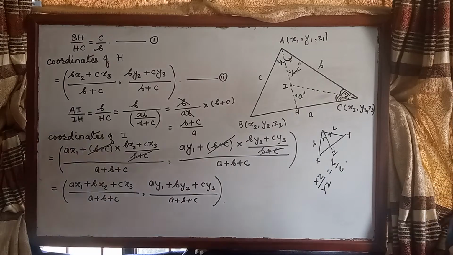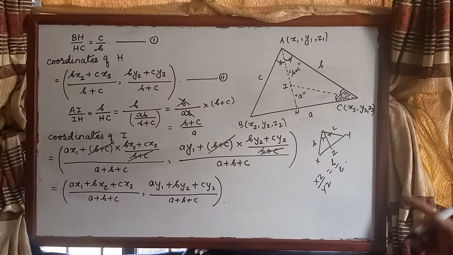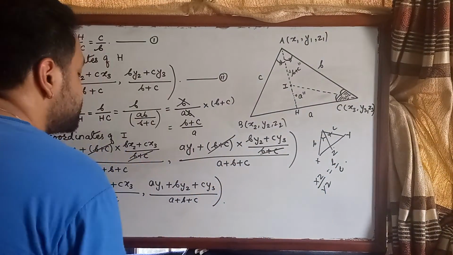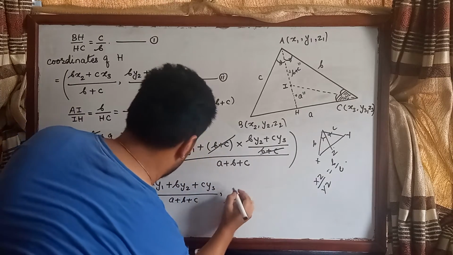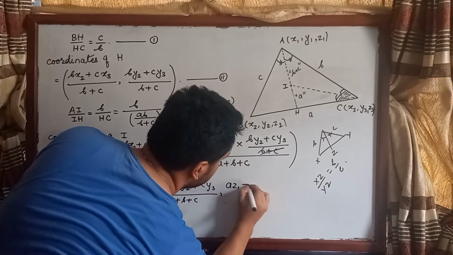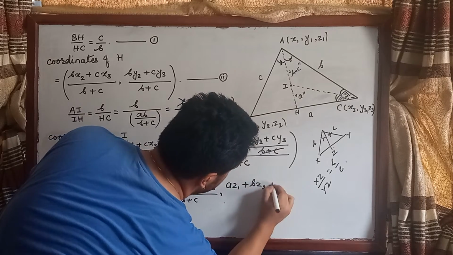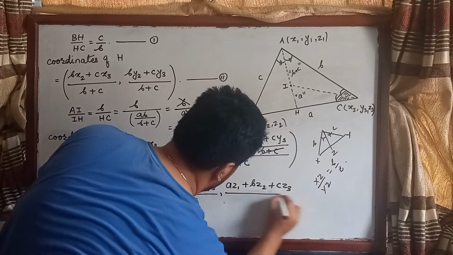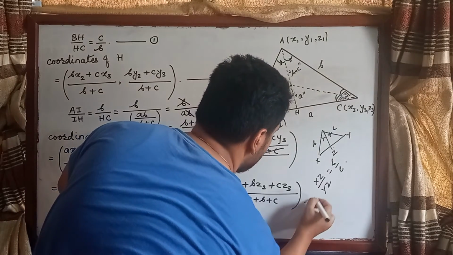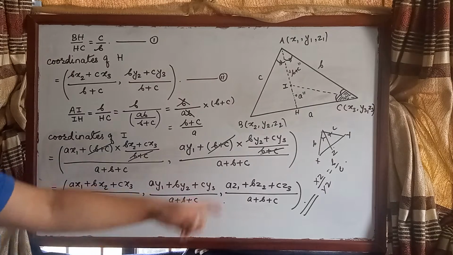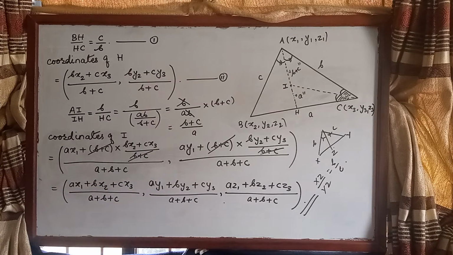This concept and the section formula for 3-dimensional coordinates, and we'll get a z component here in the end, which will be equal to az1 plus bz2 plus cz3 all over a plus b plus c. Okay, this will be the required result in 3 dimensions.